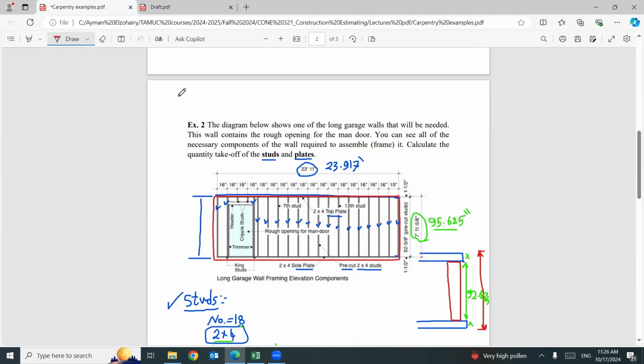So what is the area of the plywood or the sheets we need to order? Keep in your mind, this total surface area, we have to subtract this door or this opening. Does that make sense?